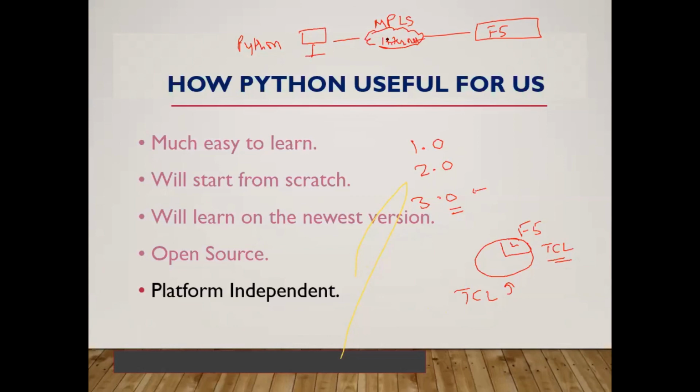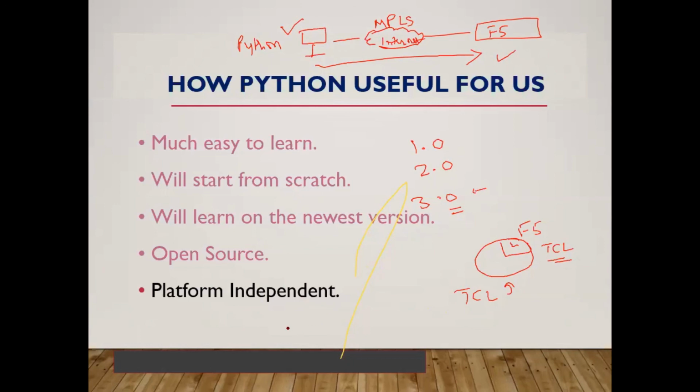Now, if you have the reachability and your firewall is not blocking the Python script, then you can create the script over here, and you can push the configuration from this PC to the F5 device. It doesn't matter where it is physically hosted, maybe in one country, maybe in another country. We don't care about that.